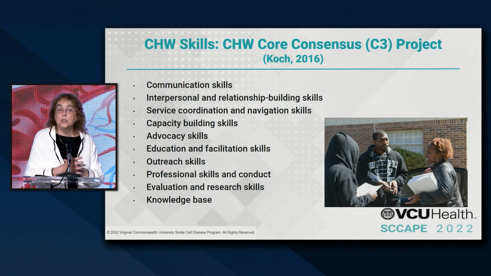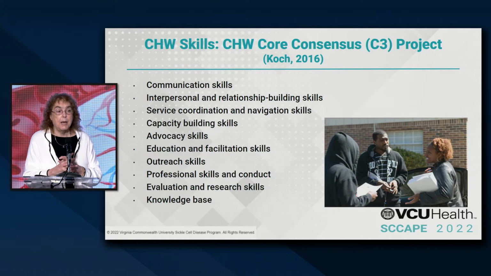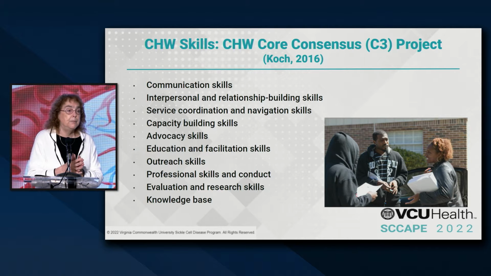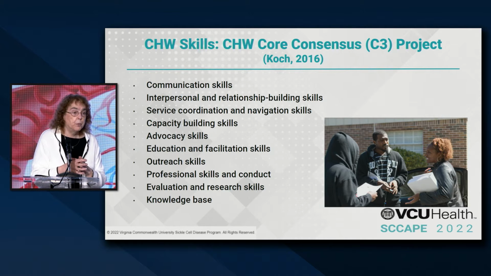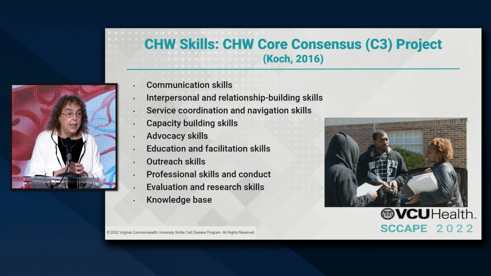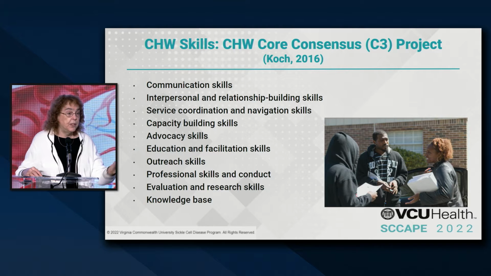In 2016, I mentioned this yesterday, the C3, or the Consensus Project, came out through the University of Texas, through some private funding. And they listed communication skills, the different skills that a community health worker needed to have, their capacity skills, their advocacy skills, education, outreach, professional skills, looking at the ethics, their professionalism, research skills, and their knowledge base.